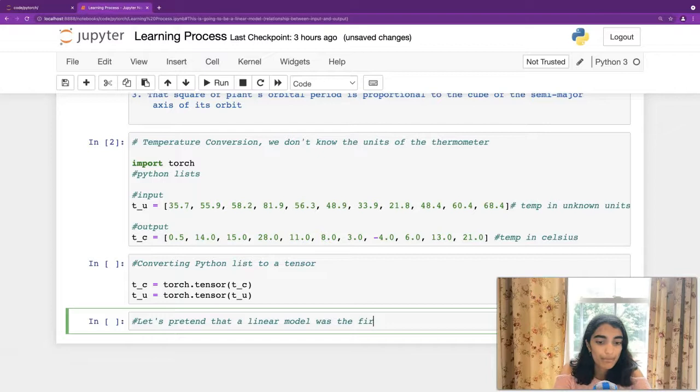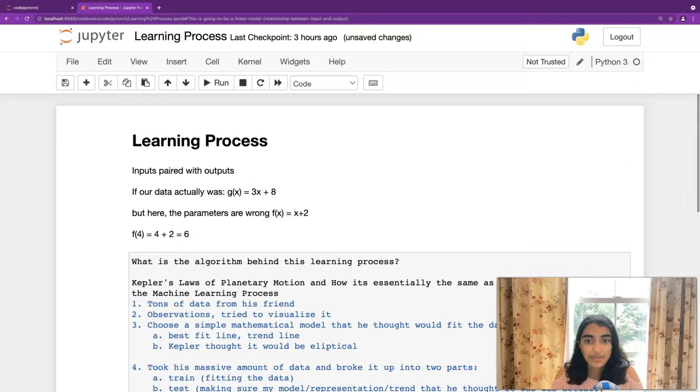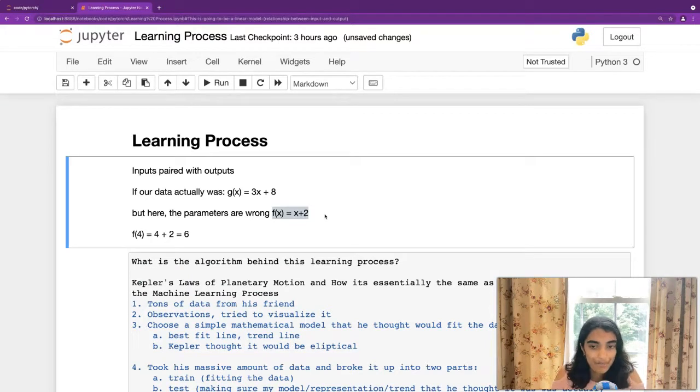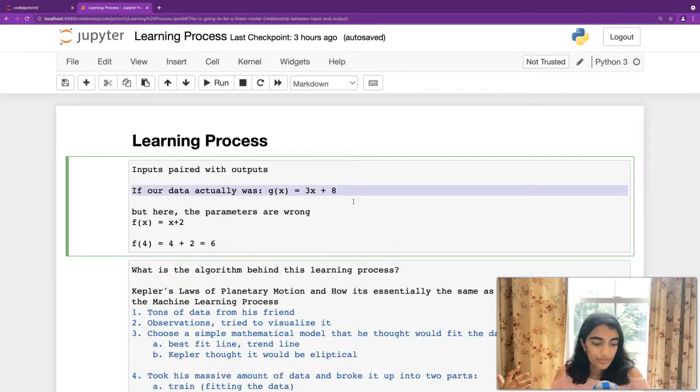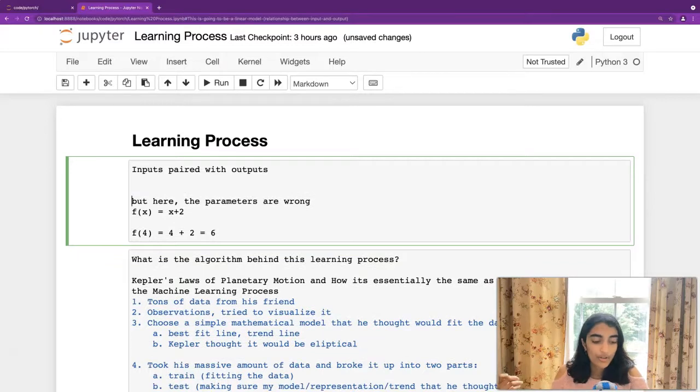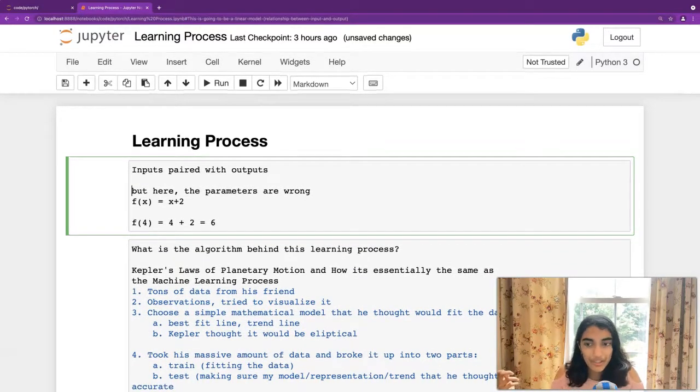And remember what a model means, right? Models just represent your data as a function. Just like we have the line x plus 2, we model that with a line with the equation x plus 2.